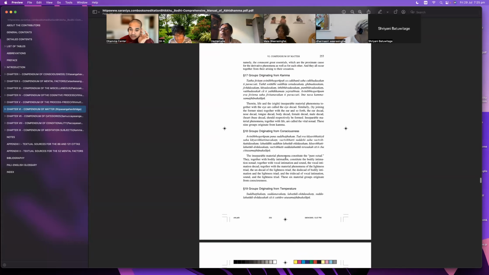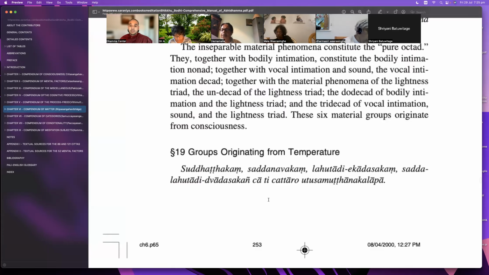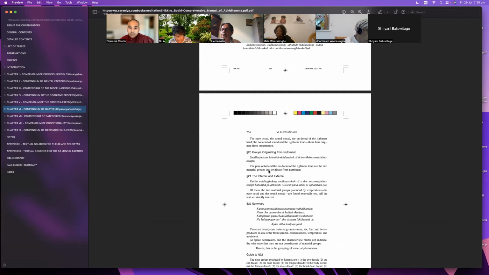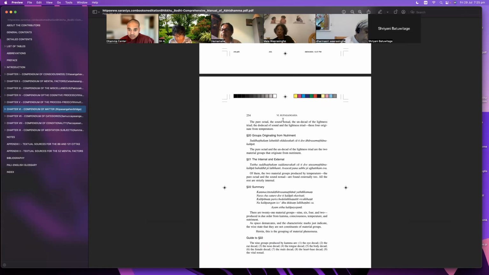Number 19, groups originating from temperature: the pure octad, the sound nonad, the undecad of the lightness triad, and the duodecad of sound and lightness triad. These four originate from temperature.